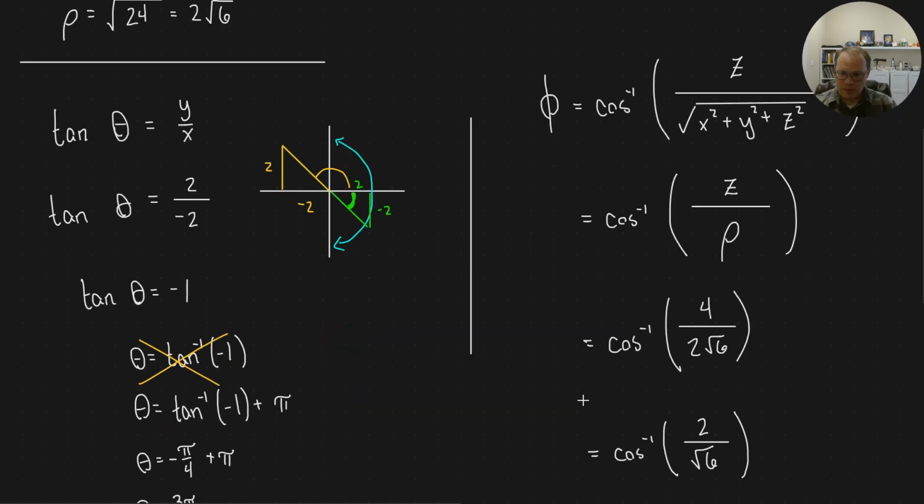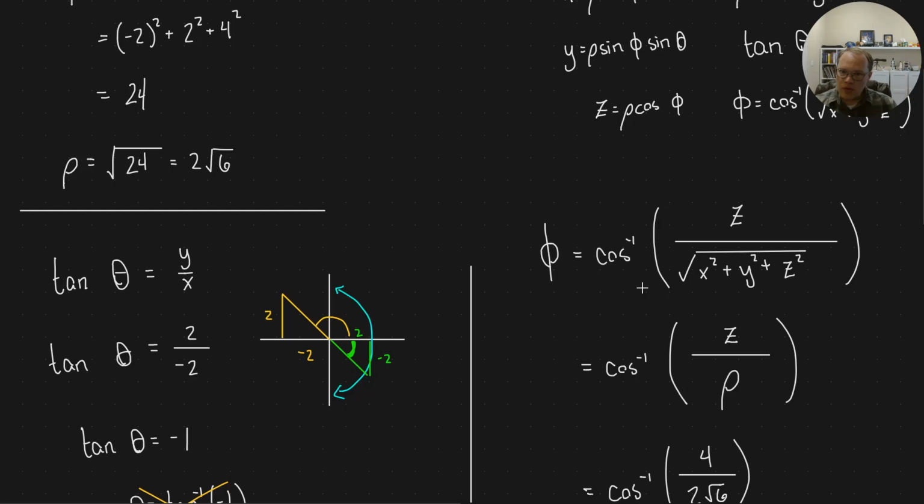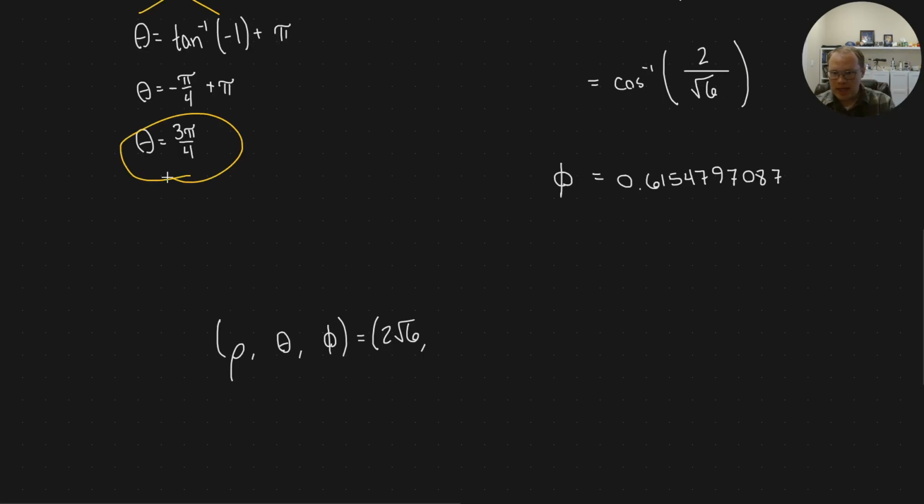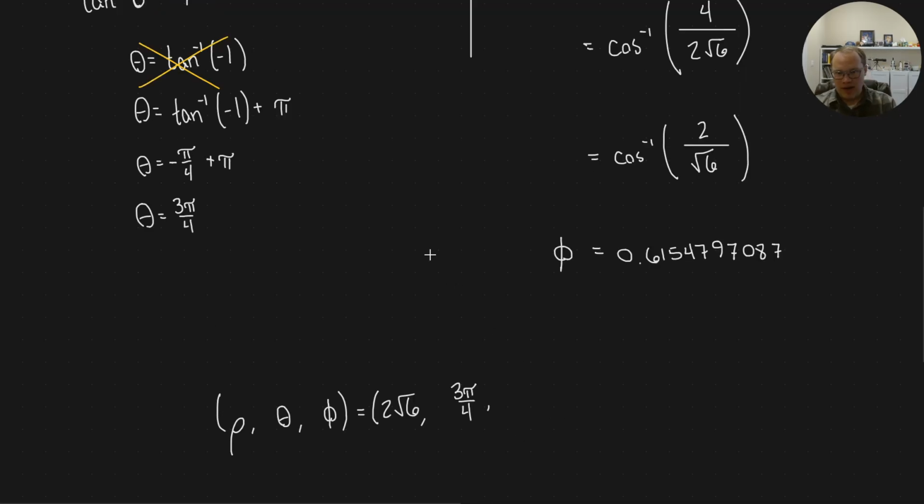Rho, theta, phi. Let's put it all together. Our final answer: this point expressed in spherical coordinates is rho is 2 square roots of 6. The theta, we were able to calculate it exactly. In this particular example, we get 3 pi over 4. Generally, you may need a calculator for it, to find the arctangent.